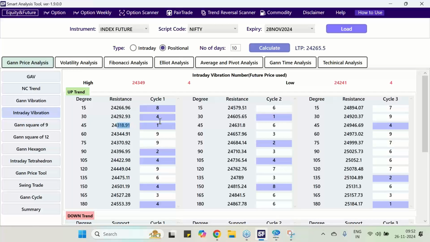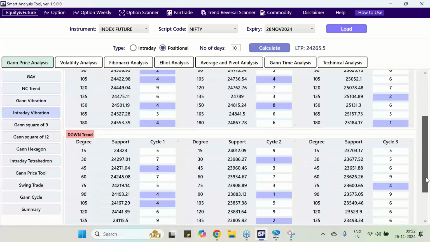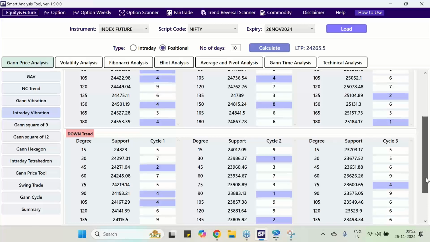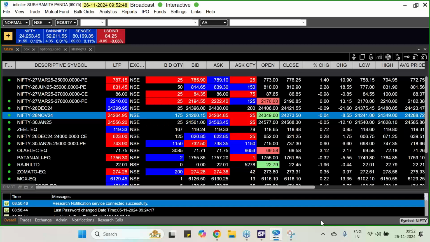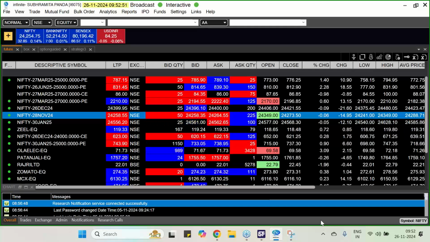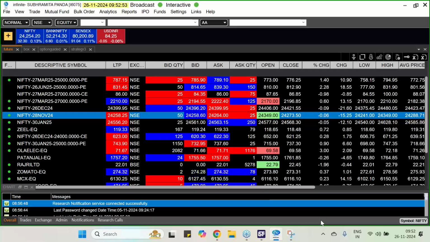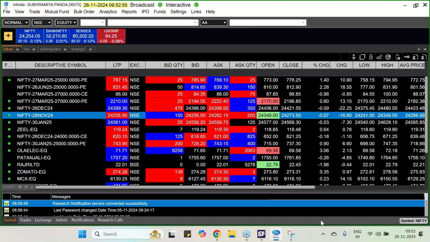If these 3 break, then there will be a free rise maybe till 24,396. But this consecutive set always acts as a great resistance. Downside there is no change, because the high remains the same and only the low has changed. So you have experienced how Gann angle and volatility work, and now you are experiencing vibration also.